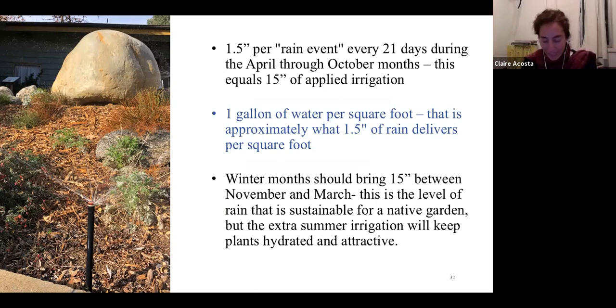And like I said earlier, this little factoid in blue: a gallon of water per square foot is approximately 1.5 inches of rain delivered to that square foot. So that's an important key that you will want to keep for your homework. Knowing that a gallon of water per square foot equals 1.5 inches of rain.